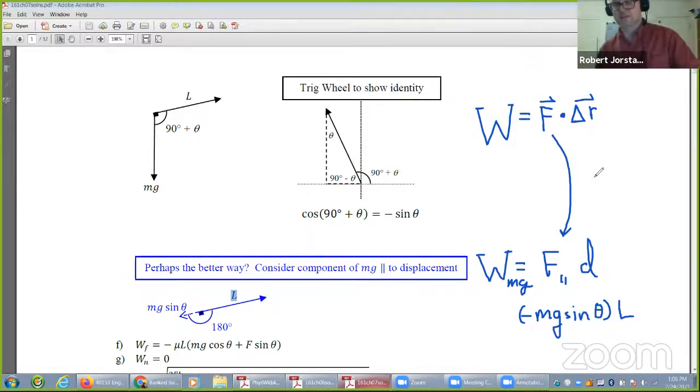If you were really frisky, you could say, well, wait, couldn't I just do force times displacement parallel? Absolutely. Either one would work. So there's other ways. I should stop now and go on to doing the problem. But any questions about this? These are all just different ways to do the same thing.